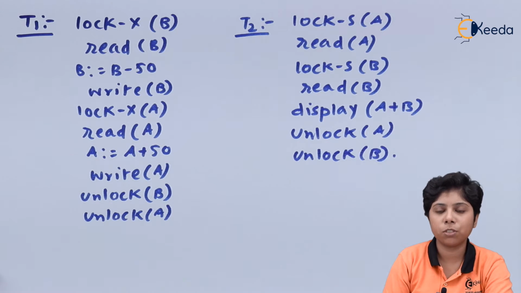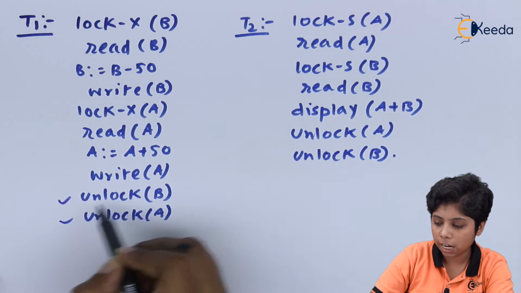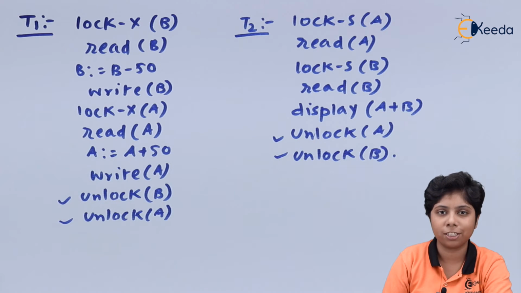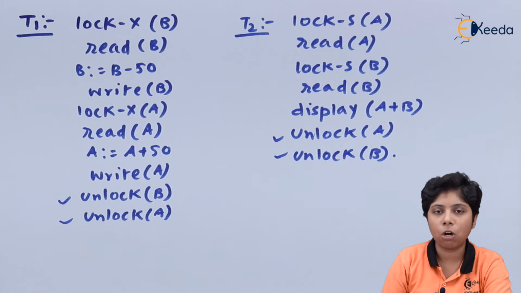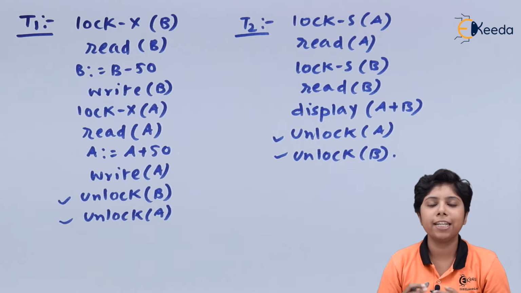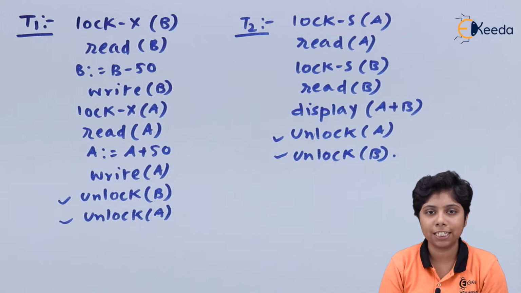Now we have delayed this unlocking until we have finished all parts of the transactions. Now if we redo the same schedule, then we can see that T1 is not giving an inconsistent result.